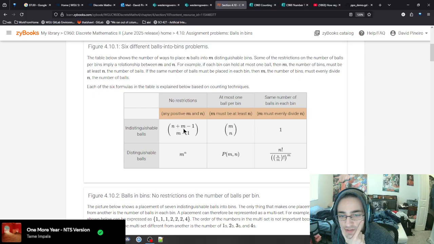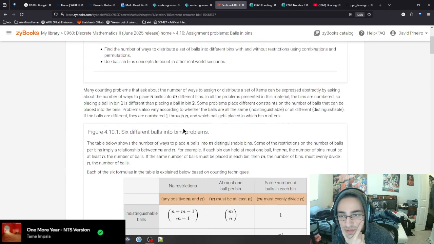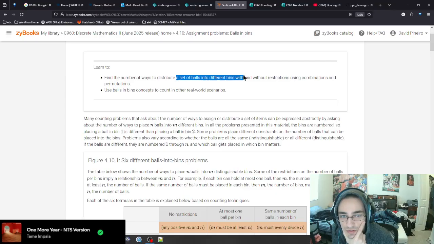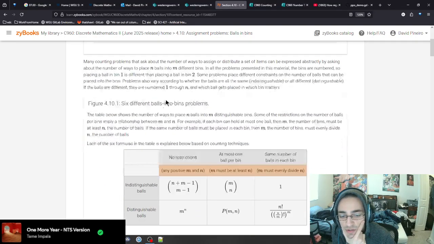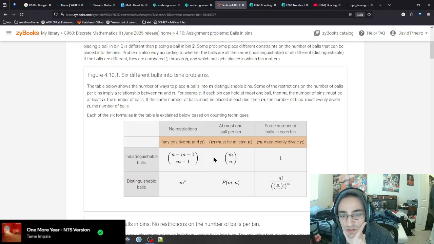Okay, wait, what is this? Yeah, combinations and permutations. So the balls are indistinguishable.